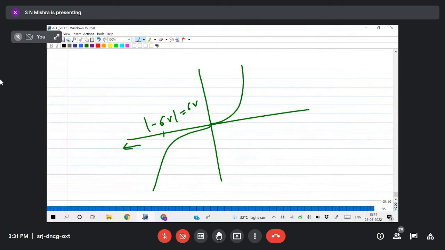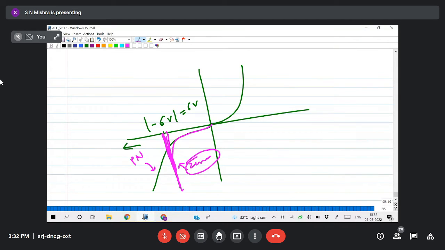Not marking anything. That means both are same. Suppose I will draw. So this is PN, this is Zener. What is the difference between these two graphs? In the Zener characteristic, the voltage remains constant.